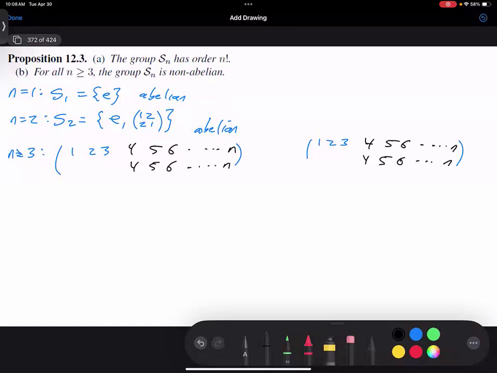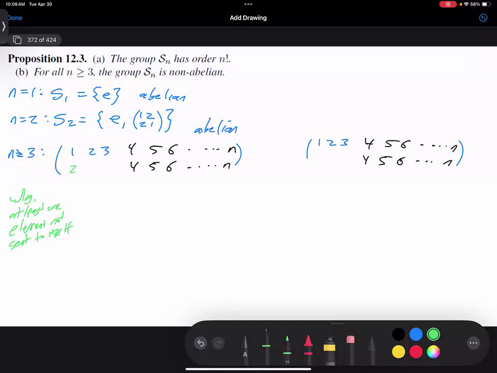So without loss of generality, I might as well send 1 to 1. Right? I'm sorry, not 1 to 1, I'm sorry. I might as well send 1 to 2, without loss of generality, at least one element not sent to itself.